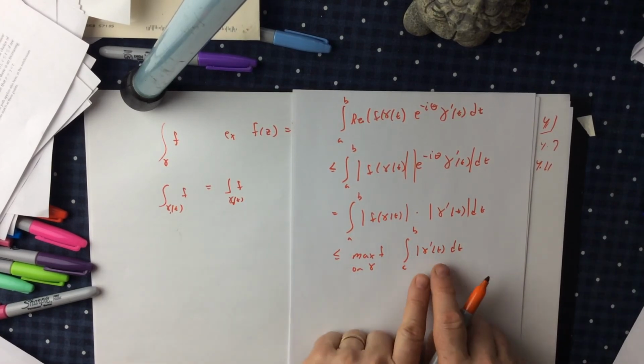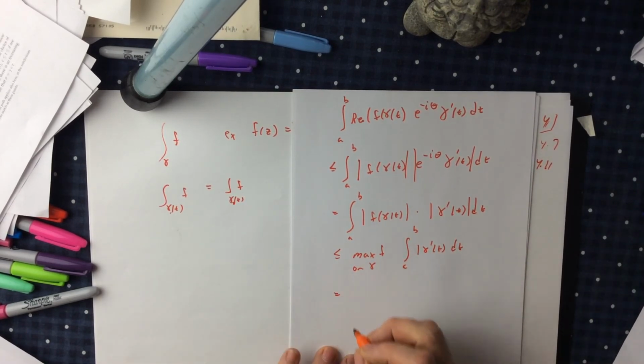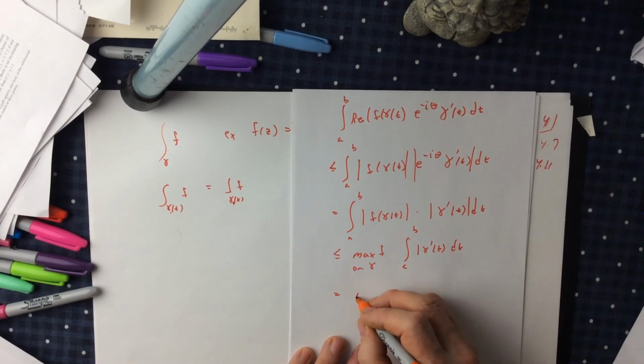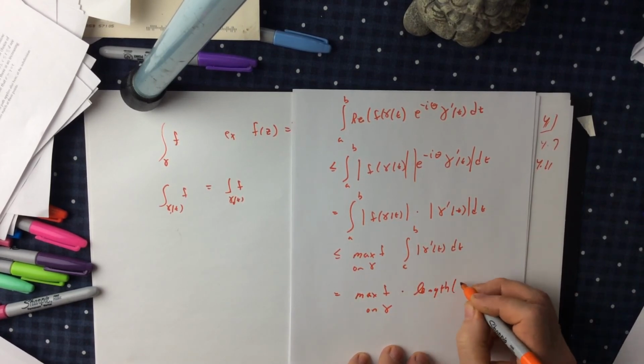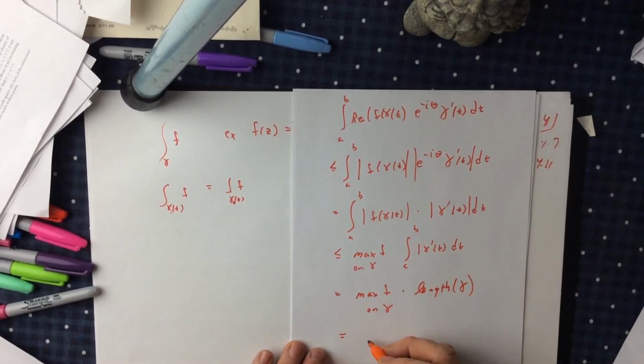But now here's the crazy part. That's the definition of the length of our path gamma. And we have what's called the ML inequality. Well, that's pretty cool.